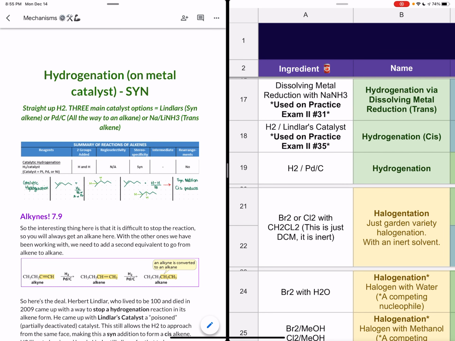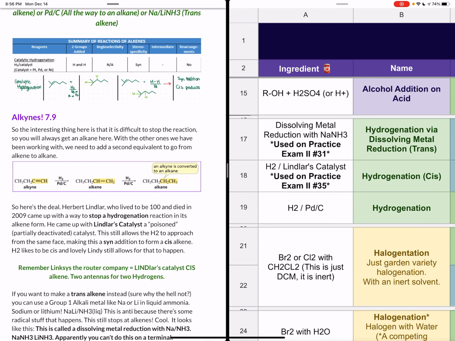Now, there's 2 different ways you can do this. If you need to eat pi bonds, you can use what's called a dissolving metal reduction, which is Na/NH3. And what this is going to do is it's going to create a trans product. Well, here it is.